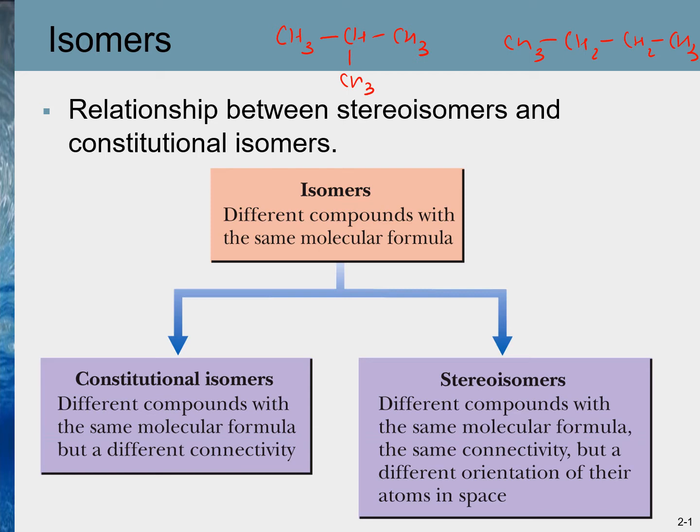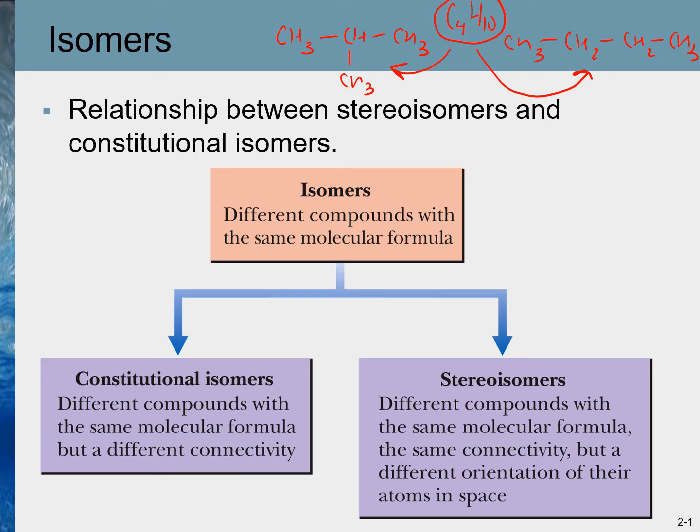Both of these compounds have a molecular formula of C4H10. However, we can clearly see that both of their structures are totally different. So these kind of compounds are isomers of each other.